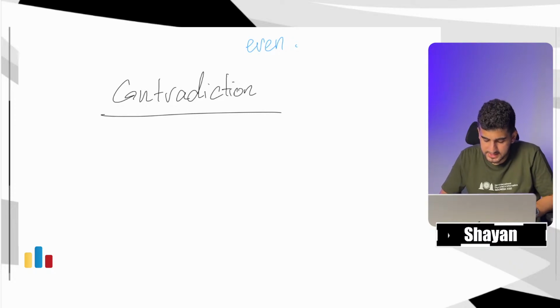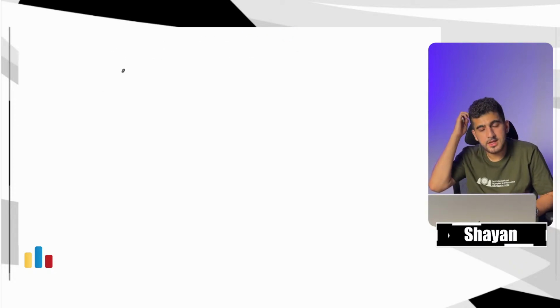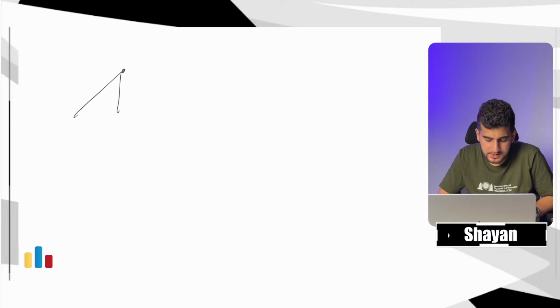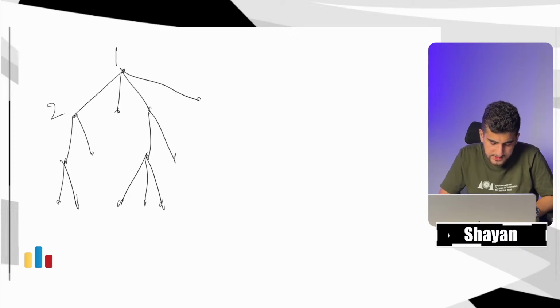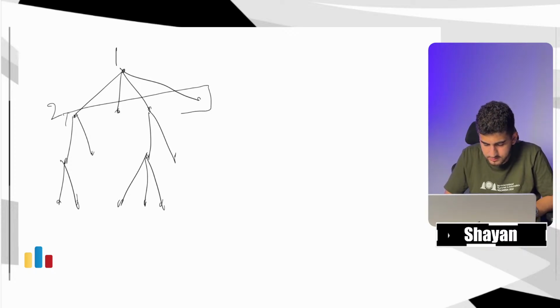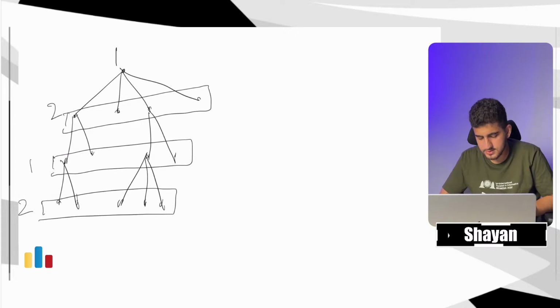So the point is that if the graph has no cycles, I can start from one vertex and run a DFS and color all the vertices. This vertex has color 1, these vertices in here have color 2, these vertices in here have color 1, these vertices in here have color 2, and so on.